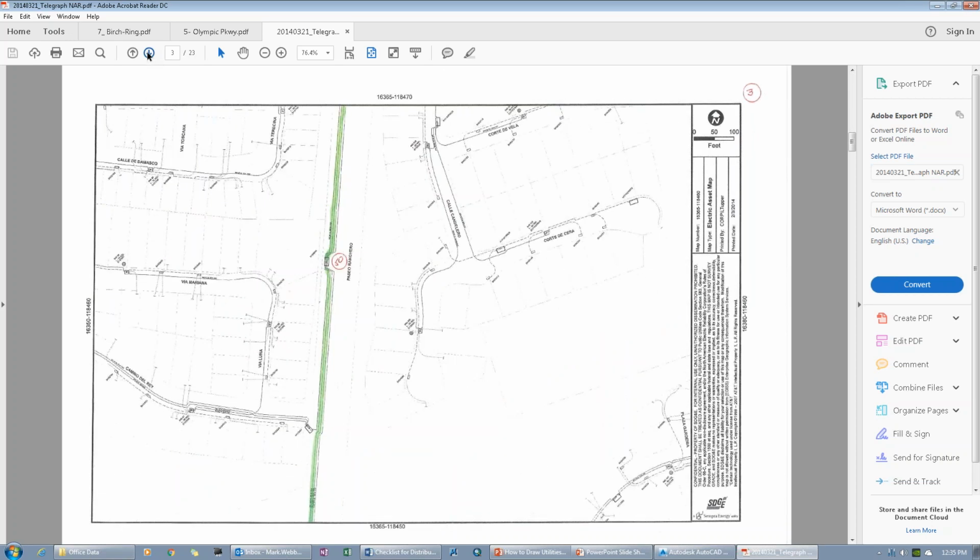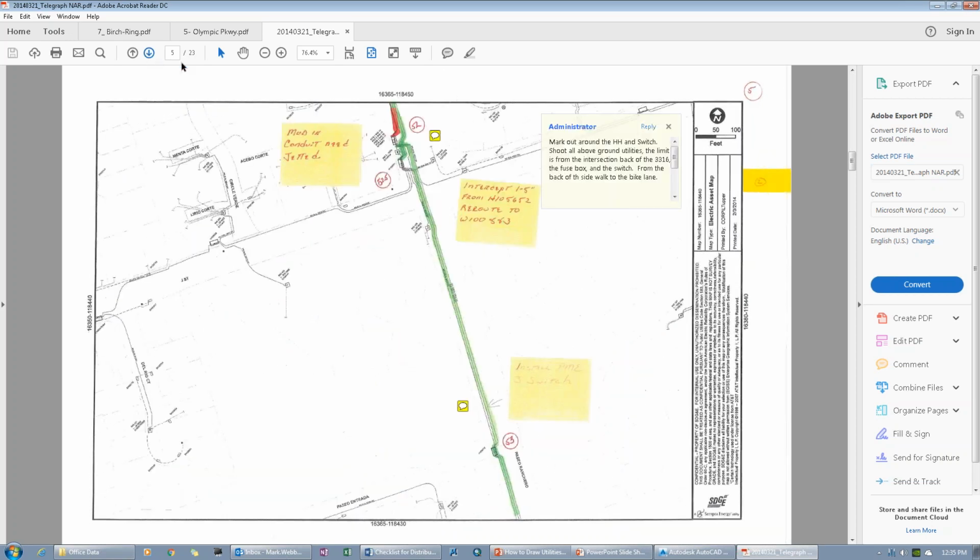A lot of the surveyors are pretty good about giving you notes. Say, this is shot 52, this is shot 53, this one's 50, 51. So you have good notes, and also here's survey notes that are pertinent to your drawing, and they said something about the markout.